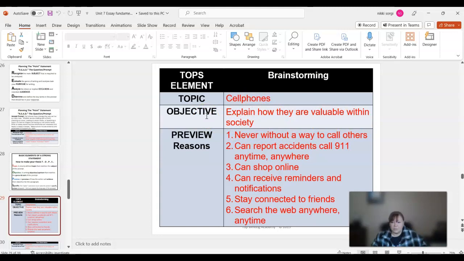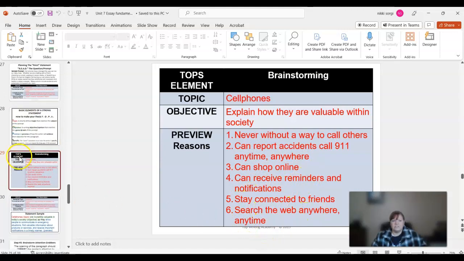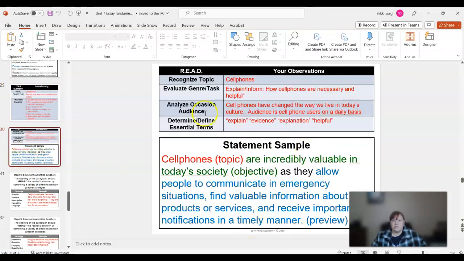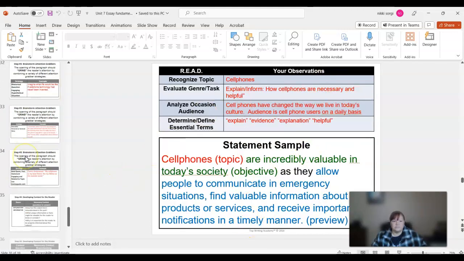Your objective for your paper is to explain how you become a psychologist or whatever you choose, and the value of that. So their preview reasons were never without a way to call others, can report accidents to 911 anytime, can shop online, can receive reminders, stay connected to friends, search web anytime. So these things are going to help you in putting all this together. Okay.